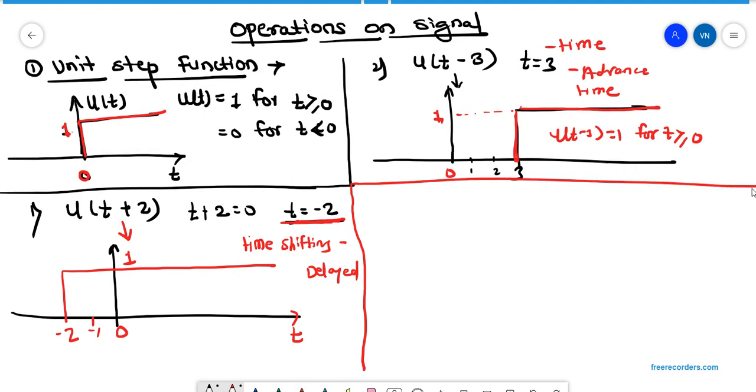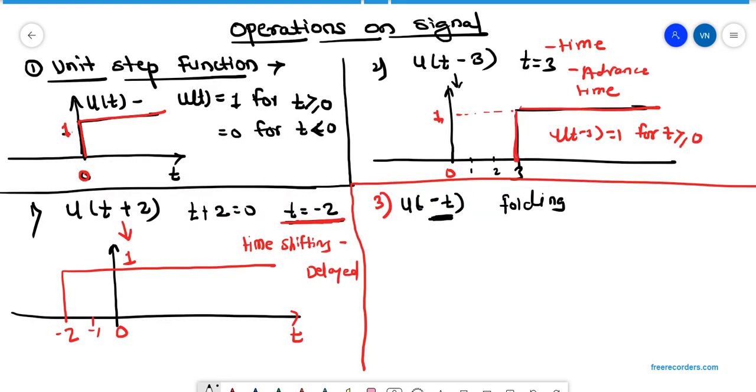Next, another example. If I have to draw minus t, so I have to draw it. If you think about this minus t as compared to the original signal, you can understand that I have just taken the mirror image. So you can also call it a folding signal.